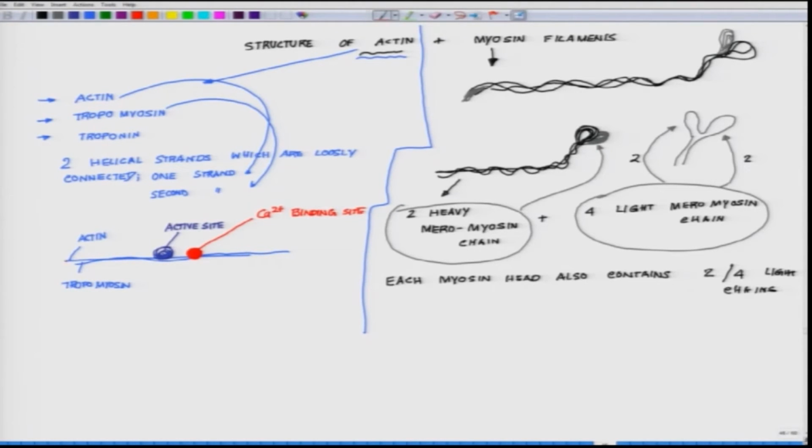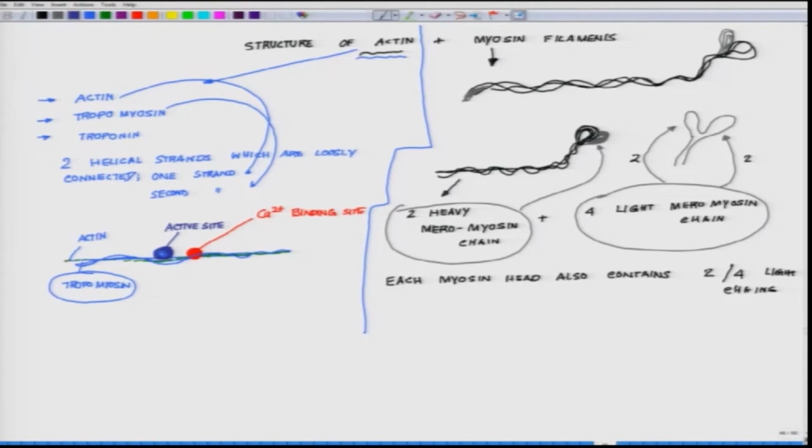So, it has an actin filament. Let us put a different color to this, which is in green, the actin filament, and then you have a tropomyosin filament, which is in blue, this one. Okay. And then you have an active site, which is present out here.